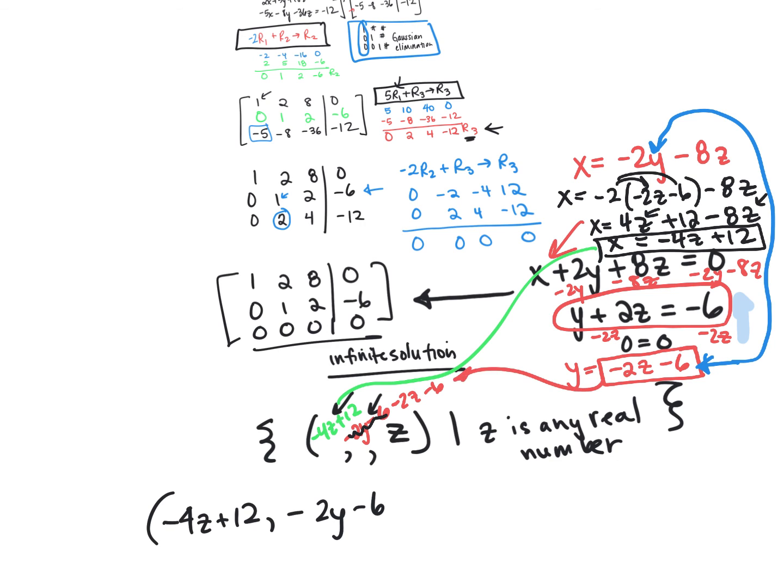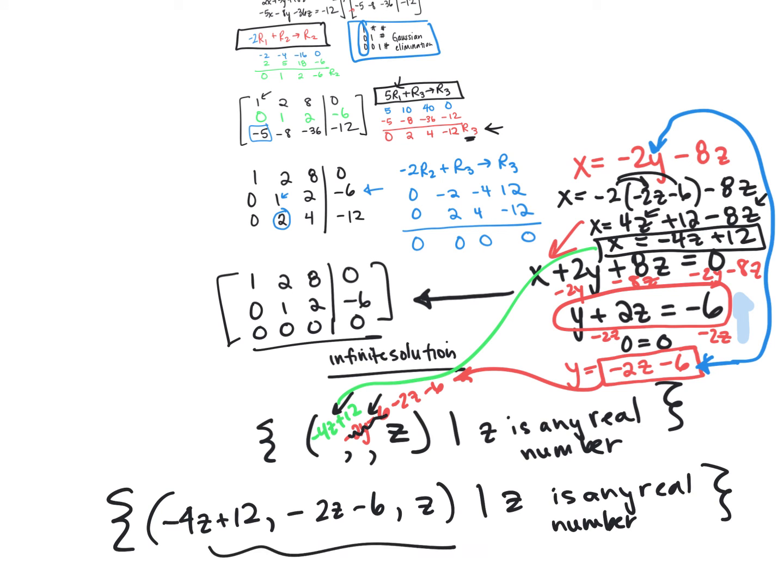Sorry about that. I'm going to rewrite this over here. So it'll be -2z minus 6, and then z is any real number. And so that's what all the ordered triples are going to look like. When we say infinite solutions, it's not anything, but it's particular ordered triples that satisfy all three equations. This is what they're going to look like, where z is any real number. So I hope that was helpful.